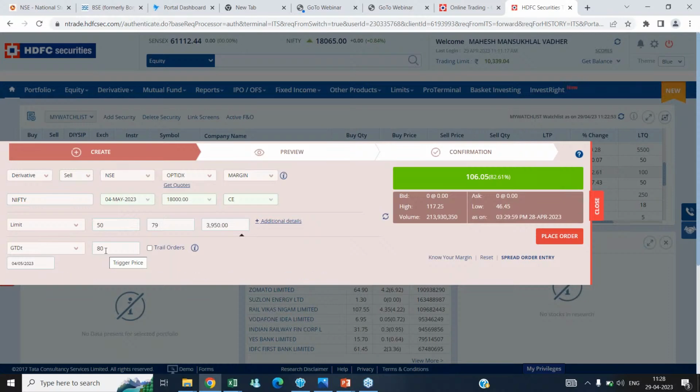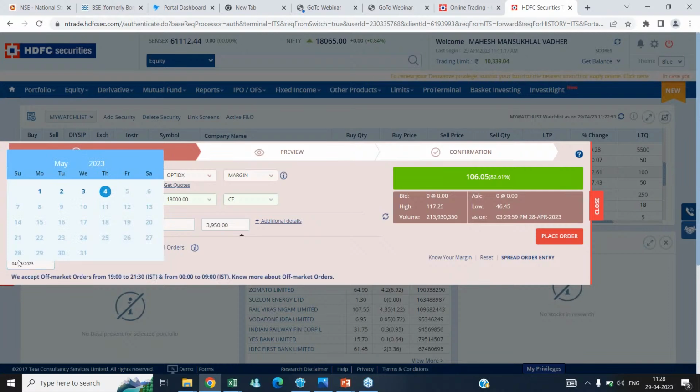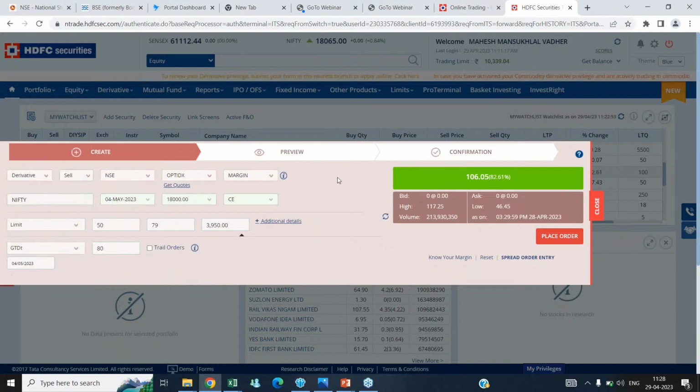You can place and define it on a single day, and on a daily basis we will put this order in the exchanges till 4th of May, whatever date you have defined here. Whenever the rate comes, this order will be executed. If the rate doesn't come, then this order will automatically get cancelled. So this is the beauty of GTDt orders, which is also called good till date order, and which is available in index futures and index options.